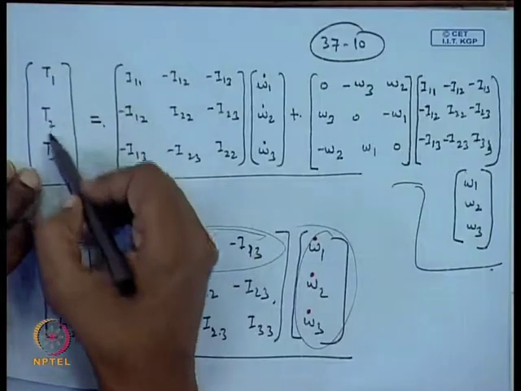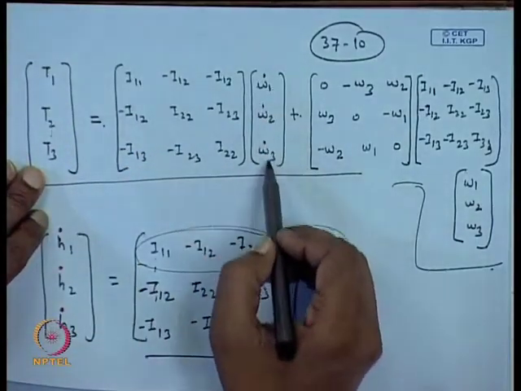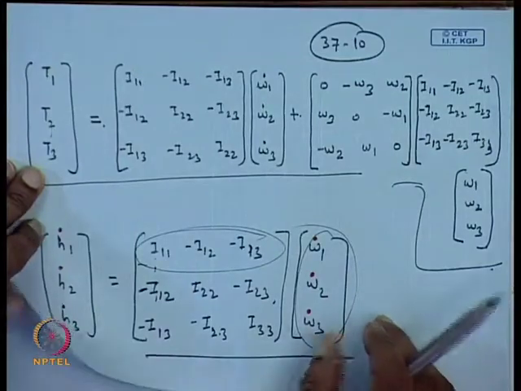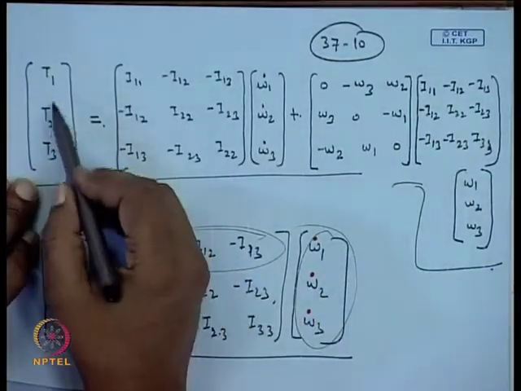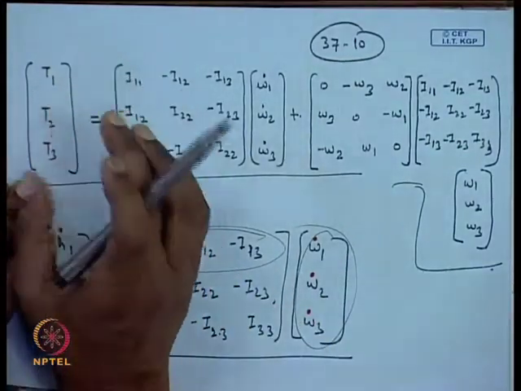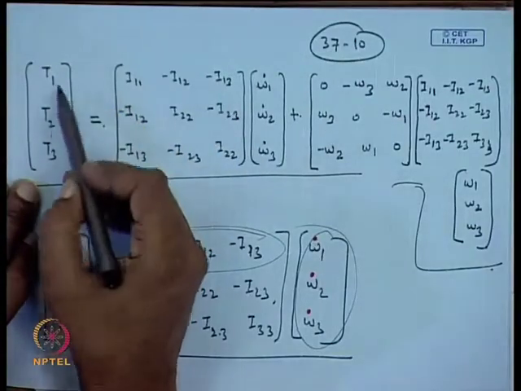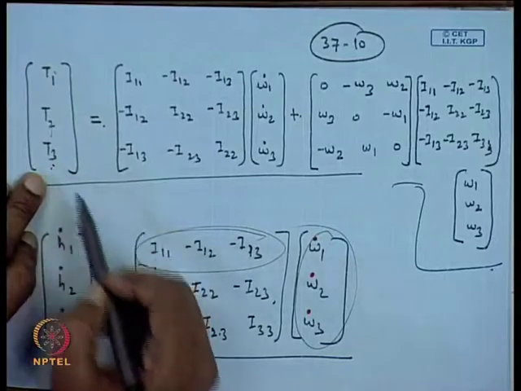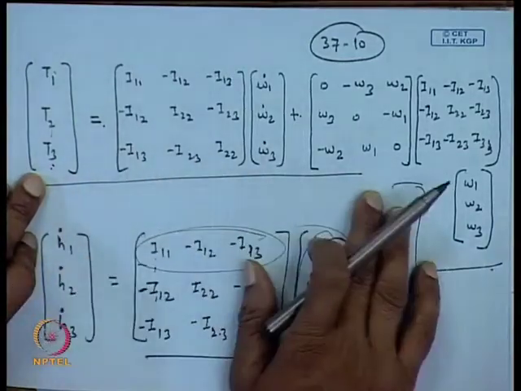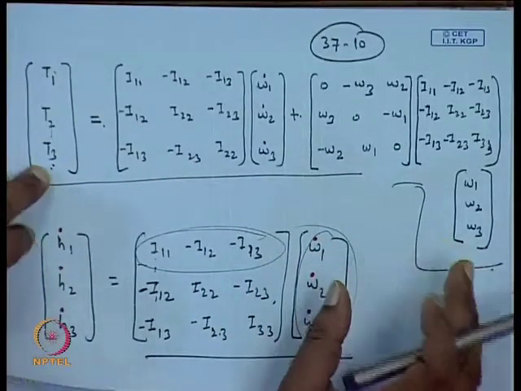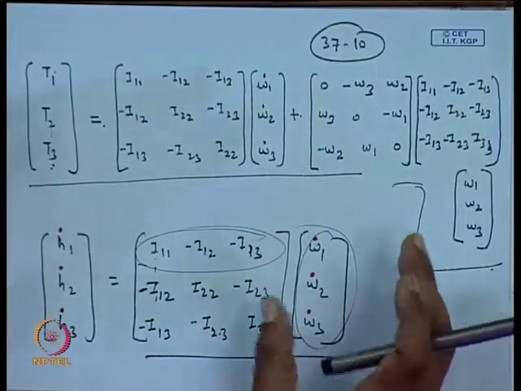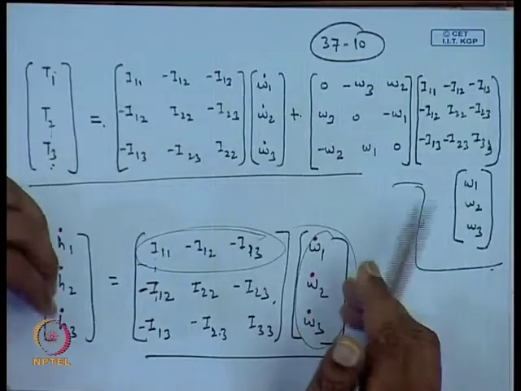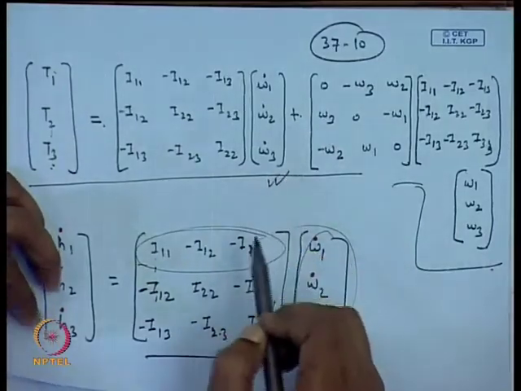We have broken it along the body axes, because all these omega1, omega2, omega3 are all along the body axes. So, if you apply the torque whose components in the body axes are T1, T2 and T3, then you get this dynamical equation which relates the rotational motion of the body. So, how the angular velocity will change will be obtained from this equation.